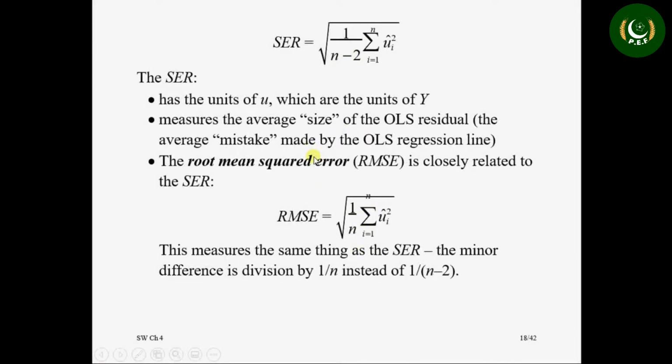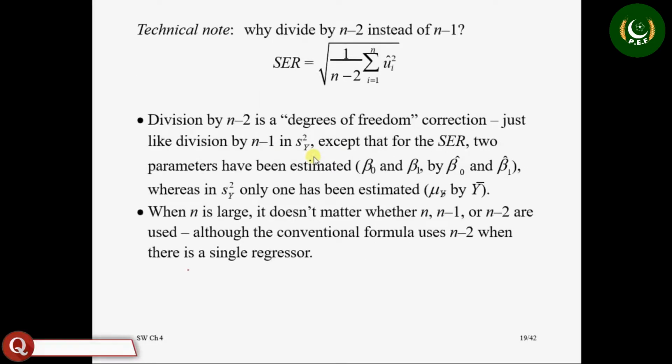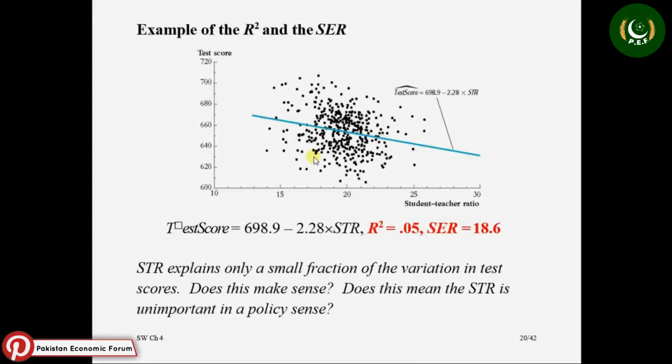So there will not be much difference between the values of standard error of regression and root mean square error. Let's move on. I have already explained why you need to divide by n minus 2 instead of n minus 1, and what the difference is between root mean square error and the standard error of the regression.